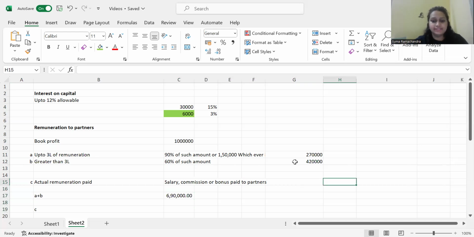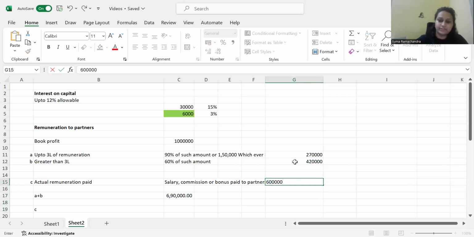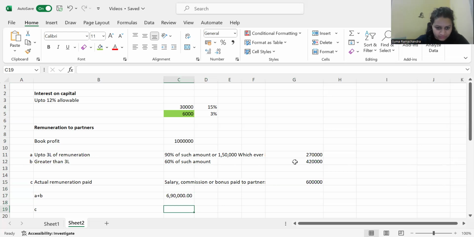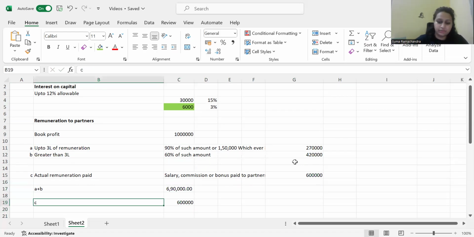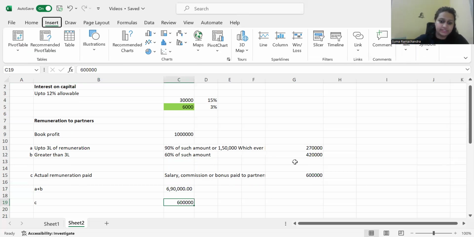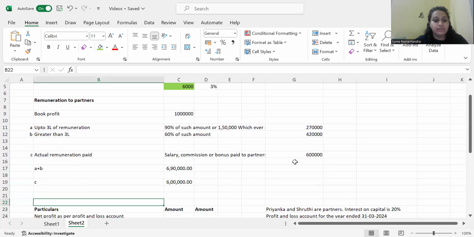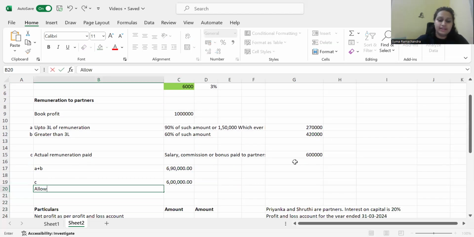For our example, let us assume that my actual remuneration paid is around 6 lakh rupees. Now, what will happen here? I'm going to consider 6 lakh as the amount of actual remuneration paid. Out of these two, I'm going to consider whichever is lower. That lower amount will be considered as allowable remuneration.